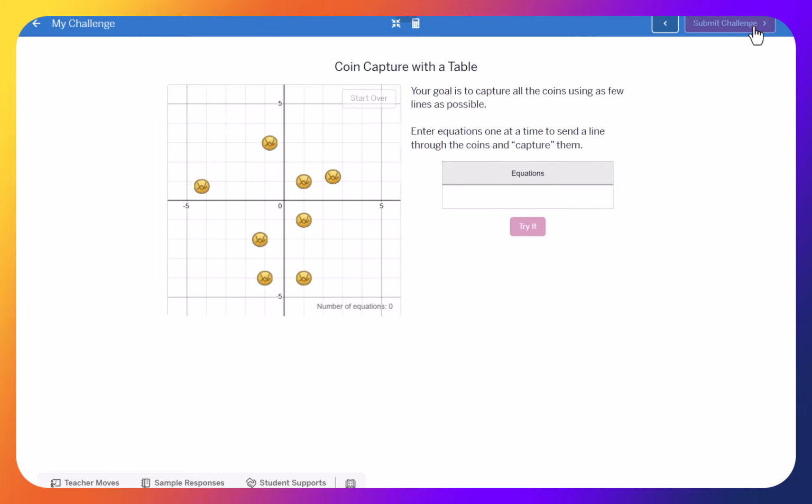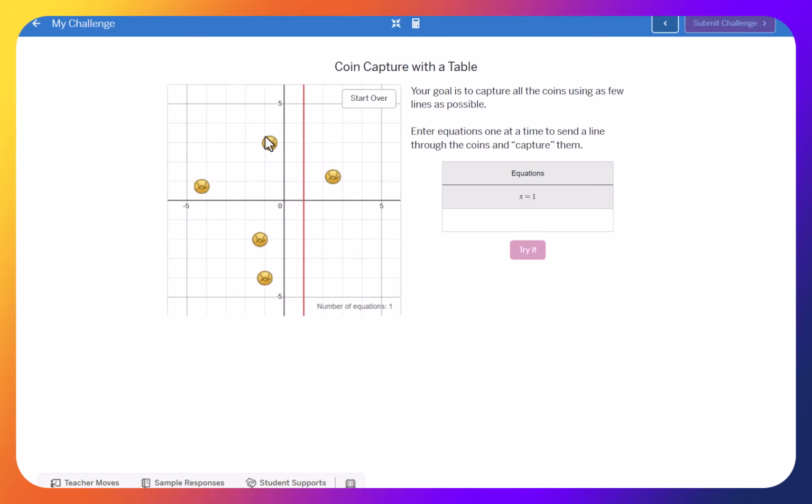And then I'm going to write equations of horizontal and vertical lines to capture all of those coins. I think my first vertical line is going to pass through these. Remember, vertical lines are x equals a number. So this looks like x equals 1. You have to solve your own challenge before you can submit it. So I'm solving my own challenge.